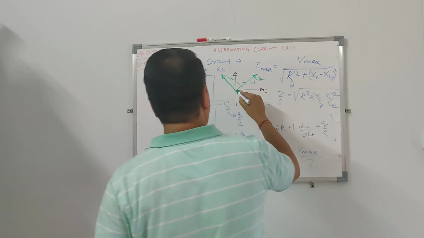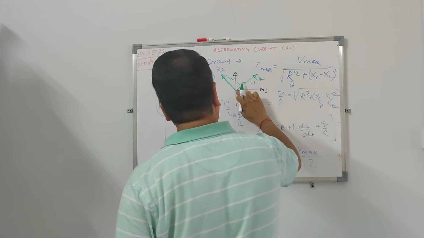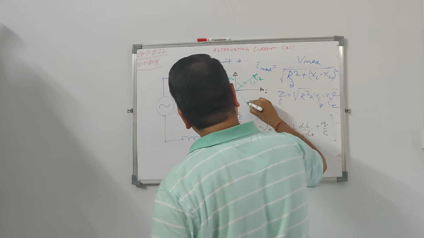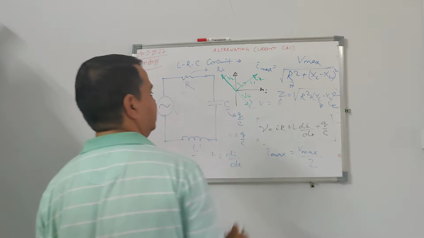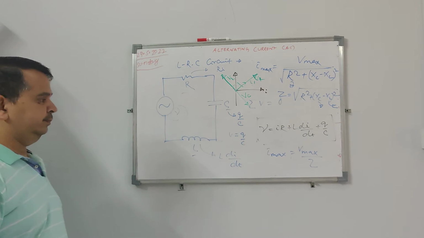Similarly, in the opposite direction, at another pi by 2 angle, it will be the VC. This will be the VC.